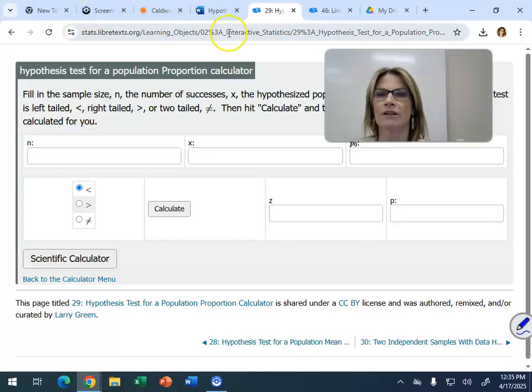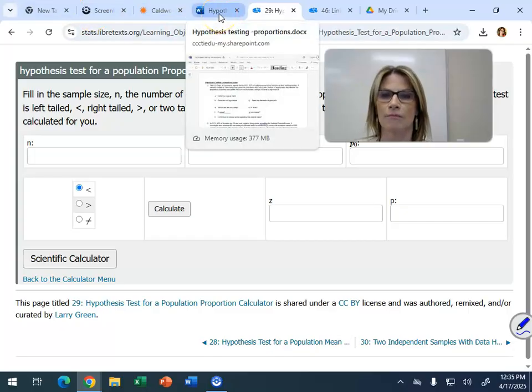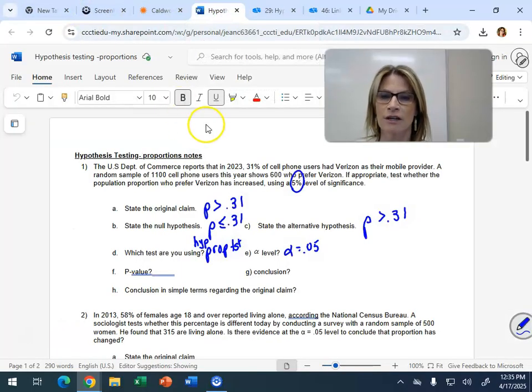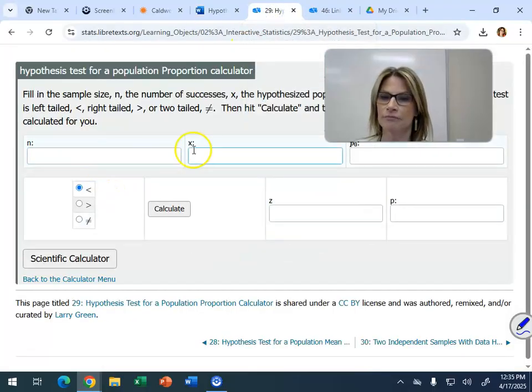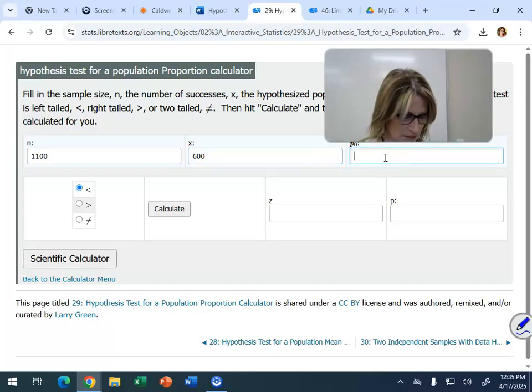So if we go back and look at our question, we have 600 who prefer, 1,100 total, and we're testing against 31%.